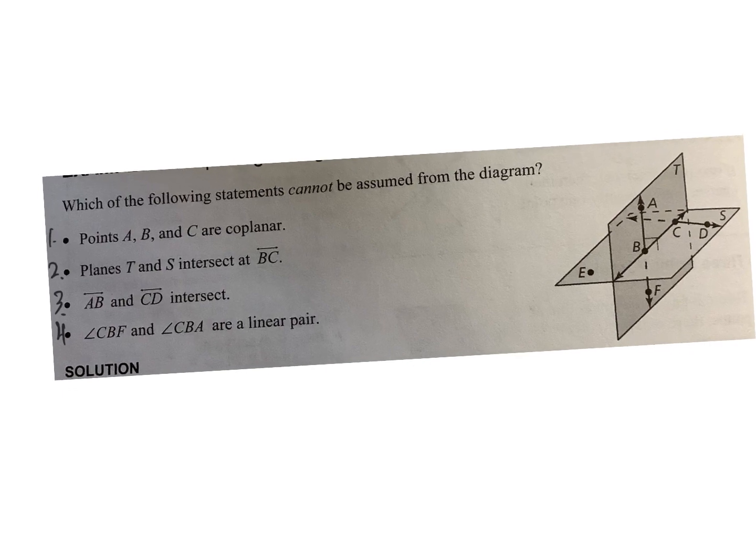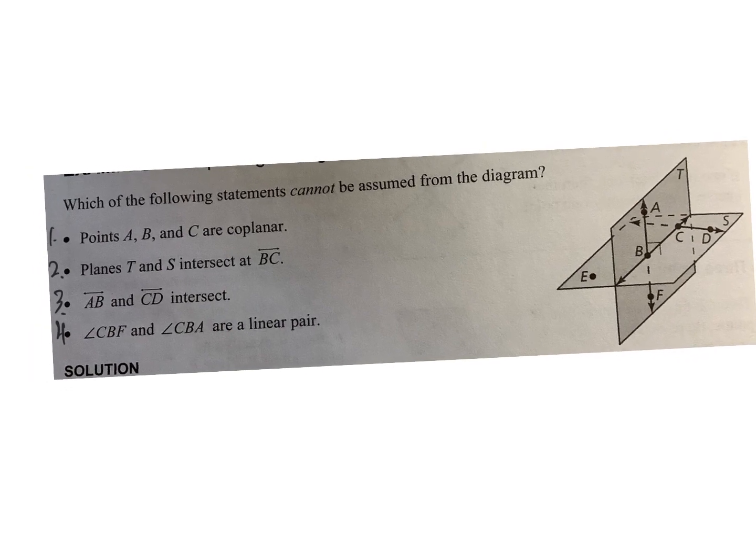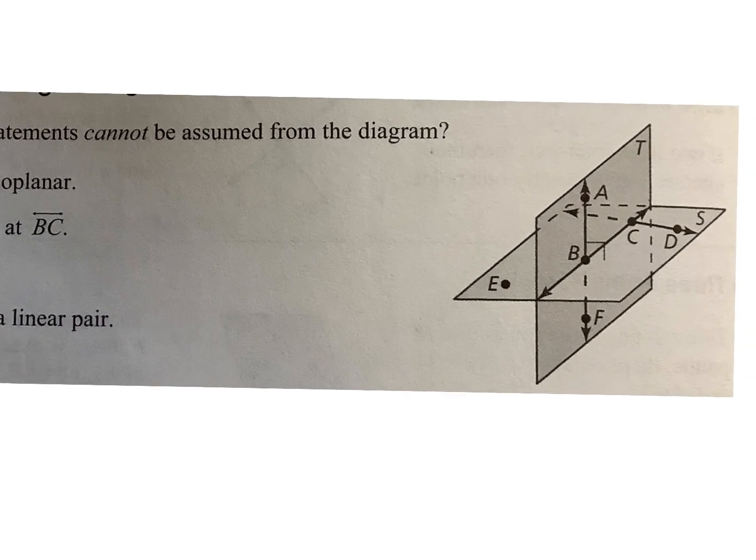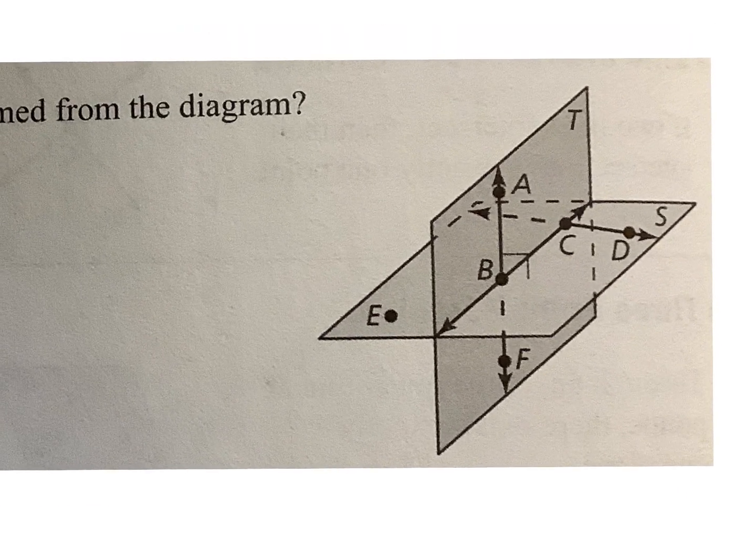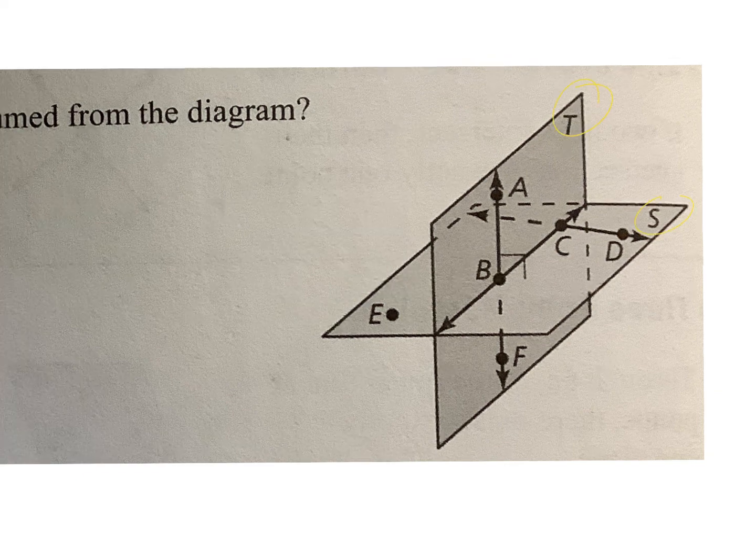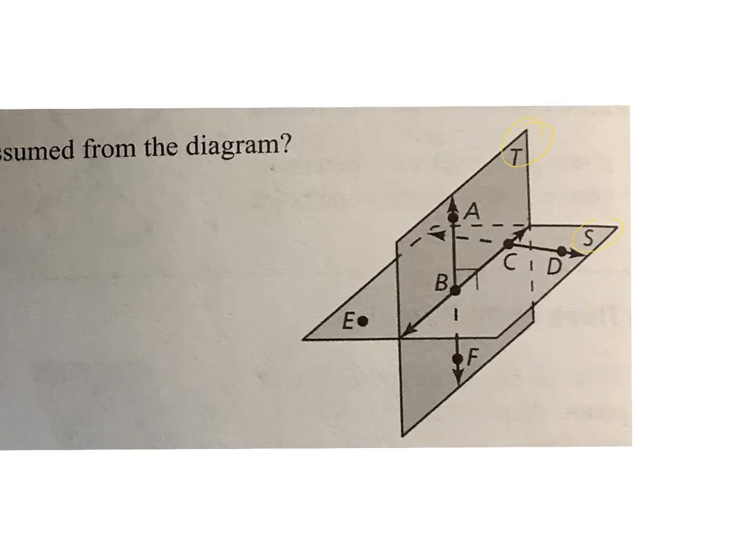We can assume that. What about T and S intersect BC? Plane T and plane S, they intersect at line BC.